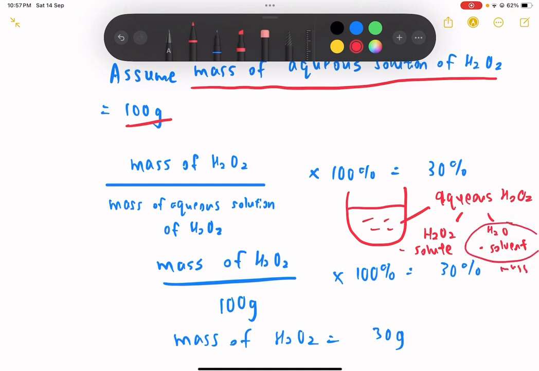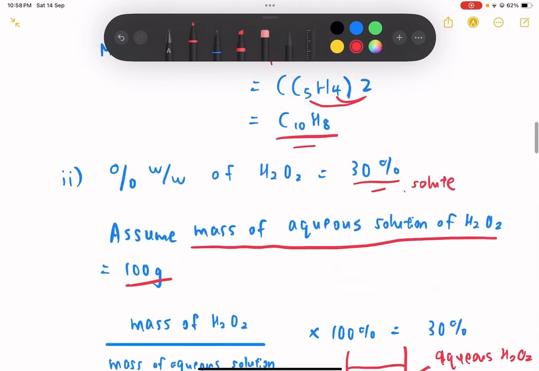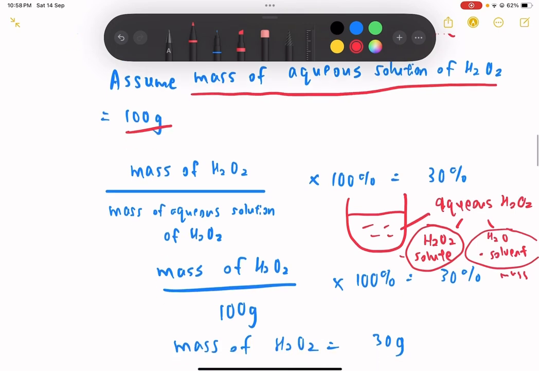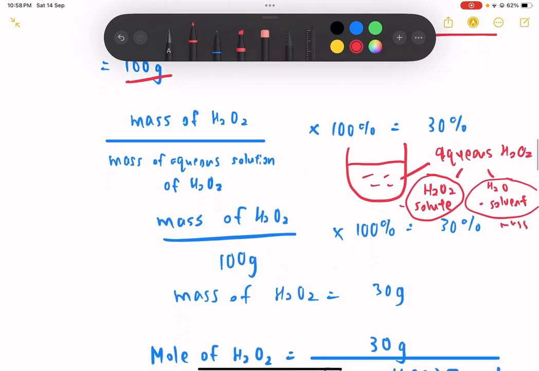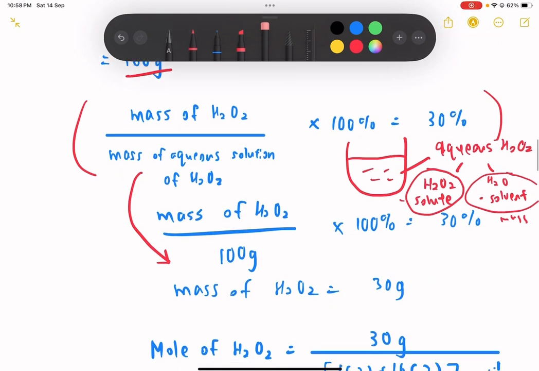So we have to first find the mass of solute, since we already have the information 30%. This is the solute, so we just use this formula to find the mass of H2O2. We have assumed the mass of aqueous solution of H2O2 is 100 gram, so we just put it inside, and we can find the mass of H2O2 equals 30 gram.